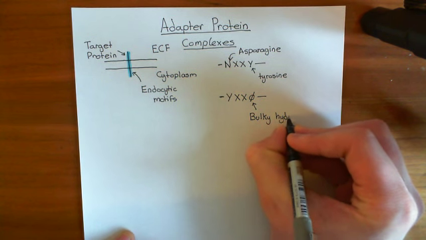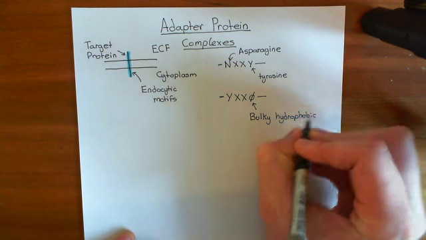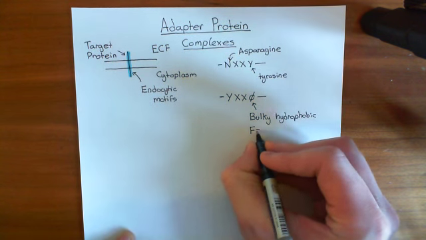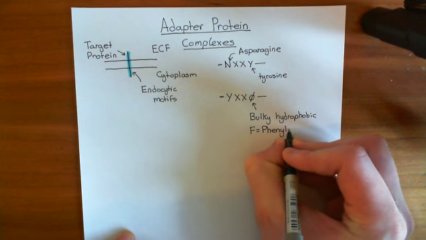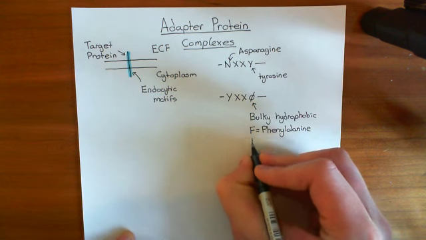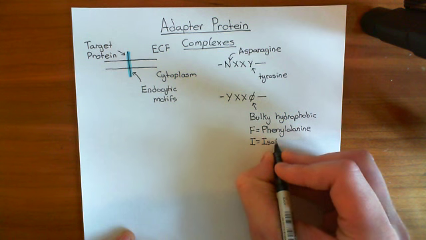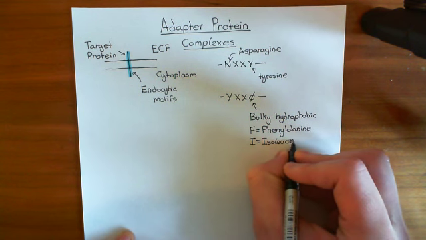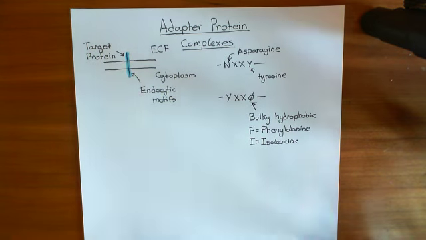Examples of bulky hydrophobic amino acids are phenylalanine, which is given the single letter code F, or another example is isoleucine, I. Both of those sequences are endocytic motifs.